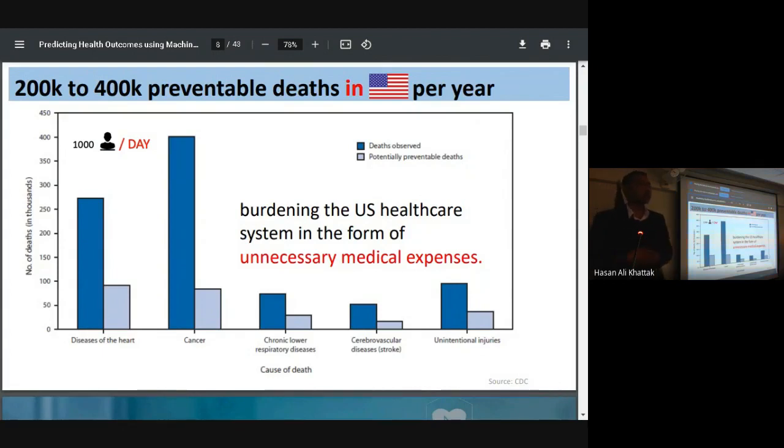If we are able to somehow reduce these preventable deaths, which are burdening the US healthcare system, we definitely can save a lot of money. And as I said, this money could then be rerouted to lower the overall spending of individuals, as people are spending like $200 to $1,000 per month.